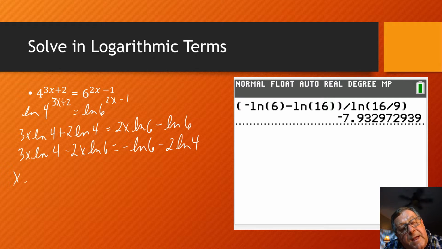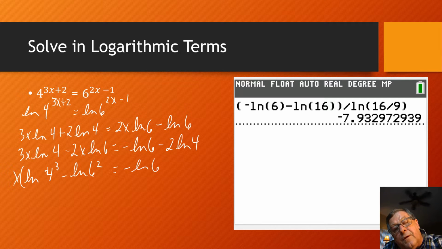So I've got x times ln 4 cubed minus, I'll put that in parentheses, be careful there, ln 6 squared equals negative ln 6 minus ln 4 squared. How about that? Close my parentheses over here.